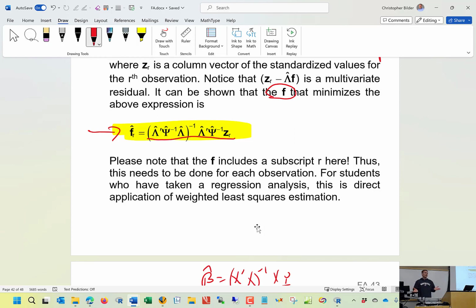I will have examples of how to do that. In terms of the relationship between these common factor scores and weighted least squares and so on, you're not responsible for that. But you are responsible for being able to program in the matrices here and also to use the scores argument in fact_anal.